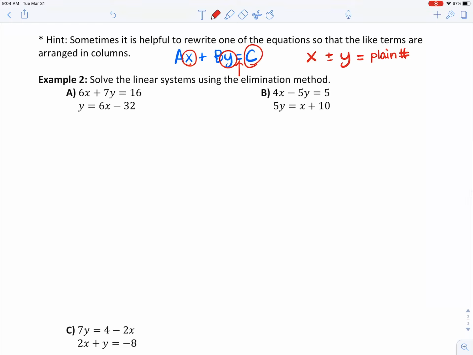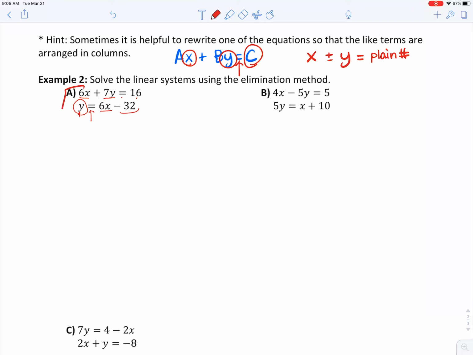I have the x's, then the y's on the top equation, equals and a plain number, but on the bottom, do you see how I have the y? I have the y, and then the equal sign, then the x's, and then the plain number. It's all in a different order.